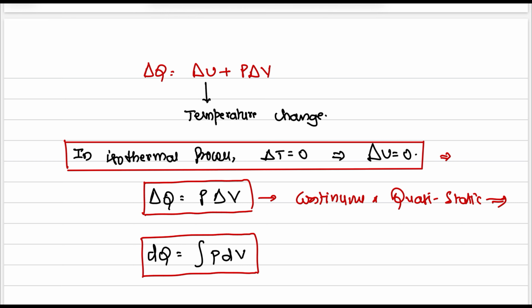When there is no change in the internal energy, because we have assumed ideal situations, dQ becomes dW. This is ideal situation. Never think that this happens like this. dW is integral P dV.